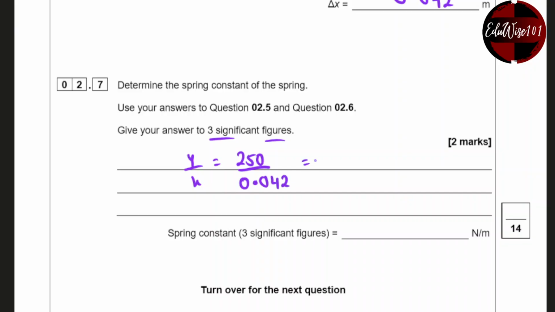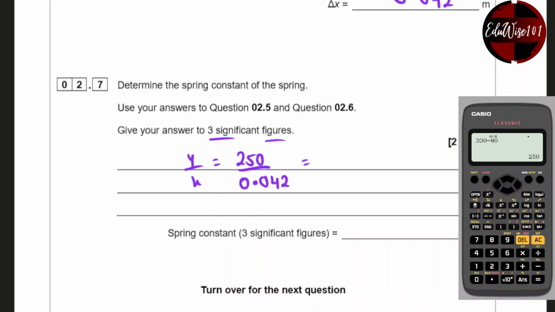0.042. Okay, let's use the calculator instead of making mistakes. So 250 divided by 0.042, that gives me 5,952.38.